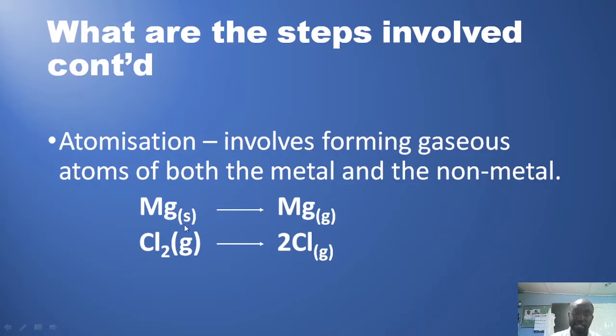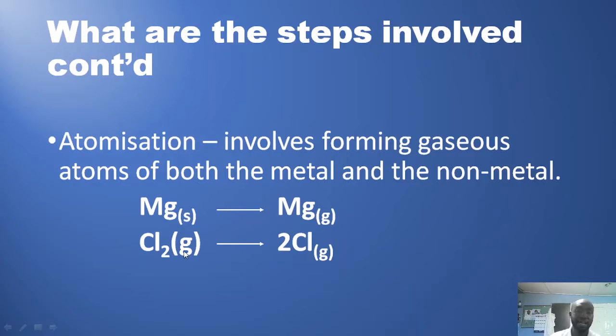Remember also that changing a substance from the solid straight into the gaseous state is also called sublimation. So for metals, their atomization energy is also their sublimation energy. The enthalpy of atomization is also the enthalpy of sublimation for metals.